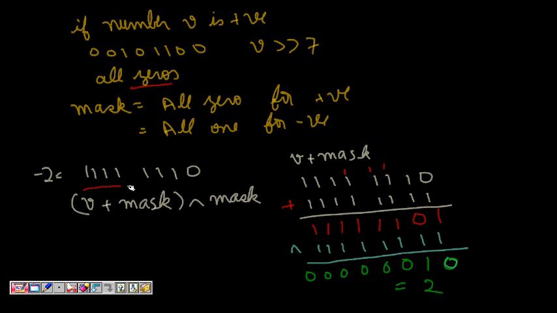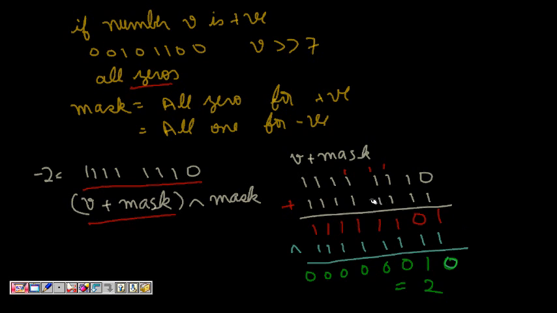Now minus 2 is this one, so I calculate v plus mask. We have this number and I add all ones: 0 plus 1 is 1, 1 plus 1 is 0 with a carry, and so on, so it becomes 1 1 1 1 1 1 0 1.